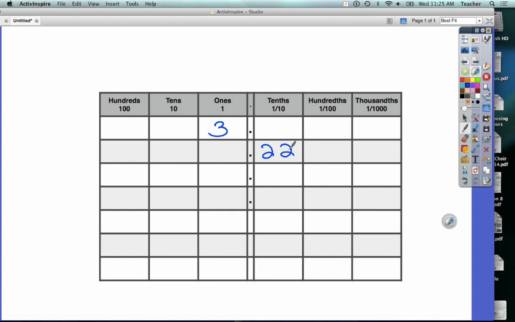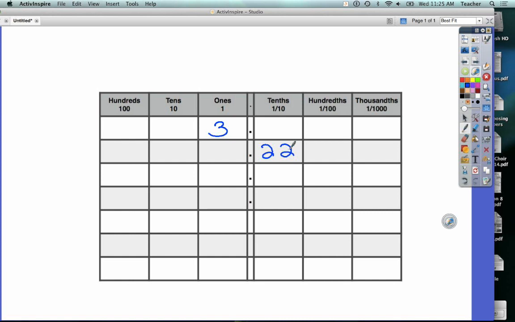So where would they go? Right now I have 22/10. So what do you think? If I decompose, and that means I've taken numbers and I've moved them one place over to the right, how do I get them back to where they were?